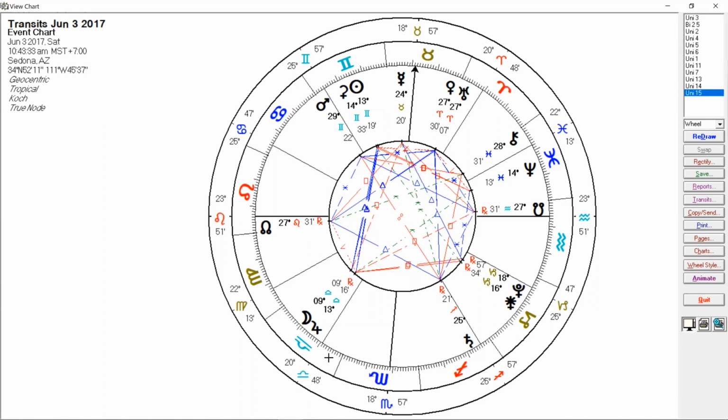The same process is going to be activated in our lives personally and in the collective according to these aspect interactions.